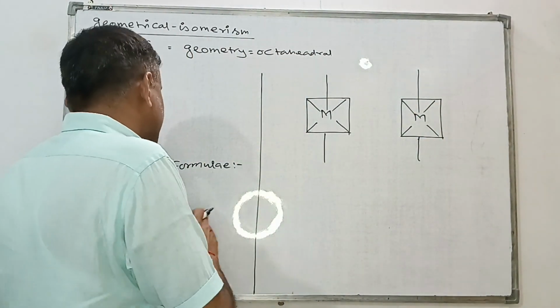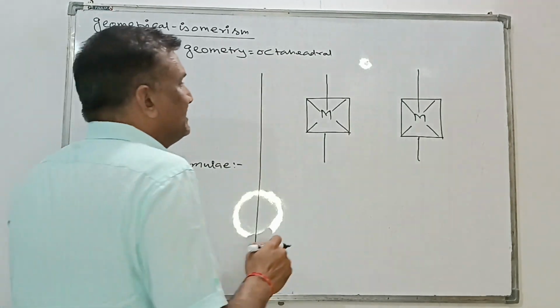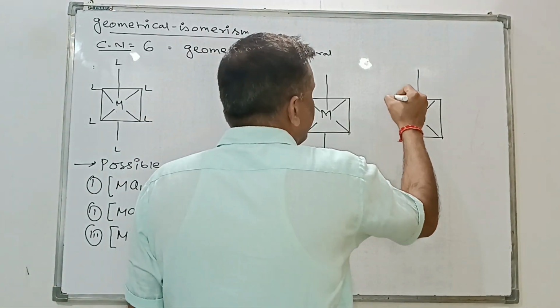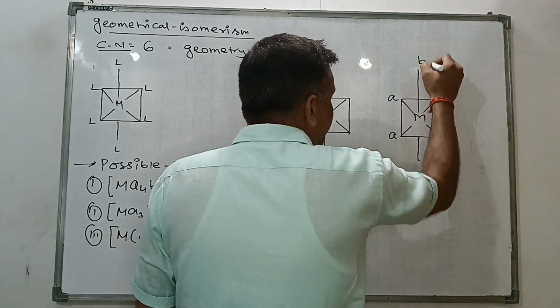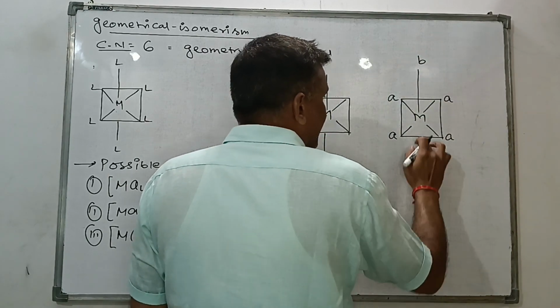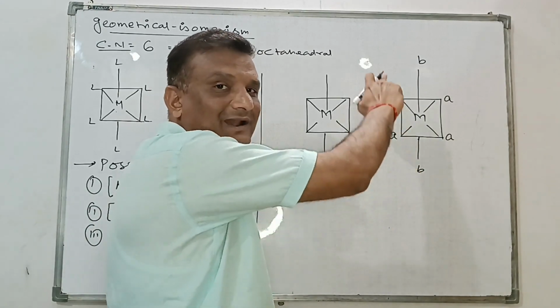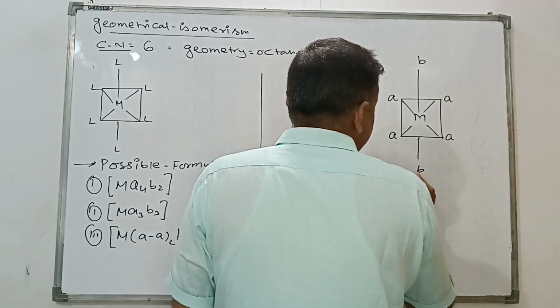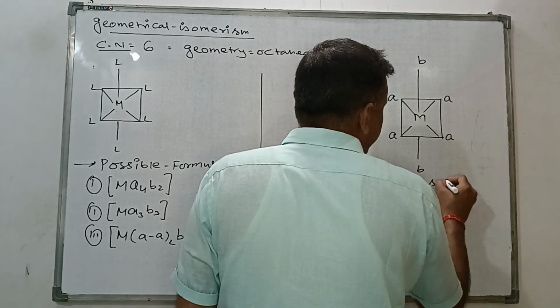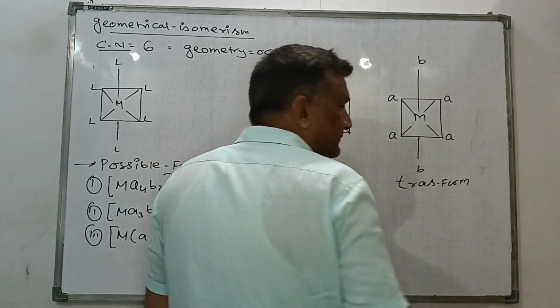If you go with the A4, then these will be as follows: AA and BB. Along this axis, if the same ligands are at the angle of 180 degrees, then this is called, as we have discussed, trans form.